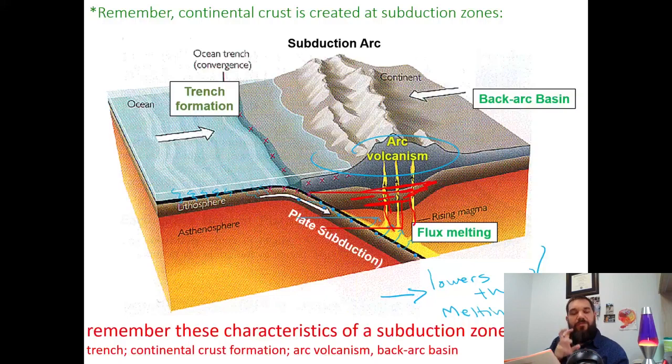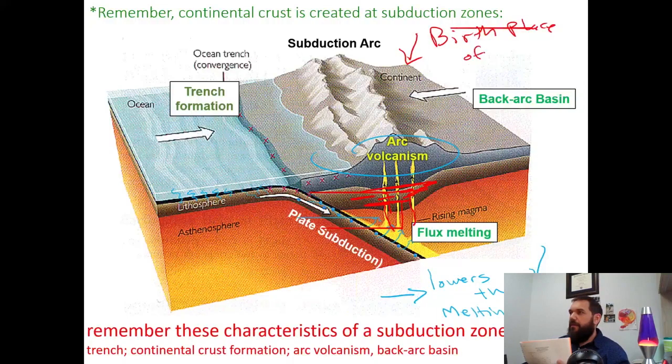The important thing you need to understand here is that subduction zones are the birthplace of continental crust. They're such special places, and there's a lot of questions about it on the test, okay?